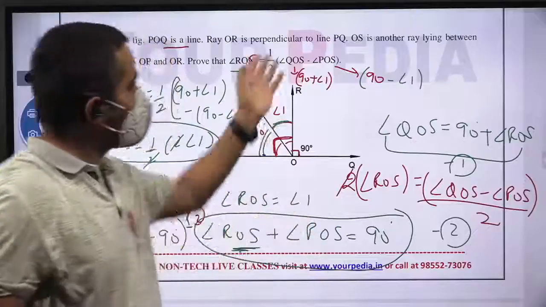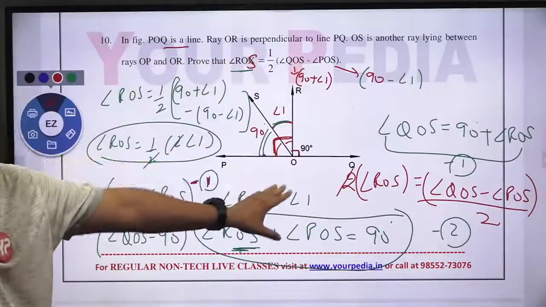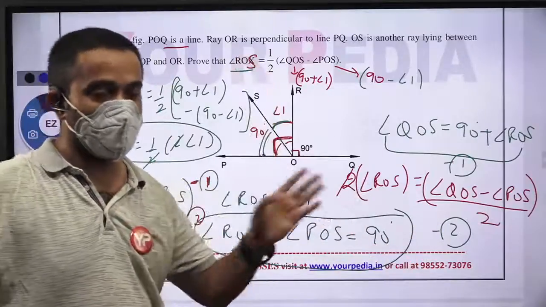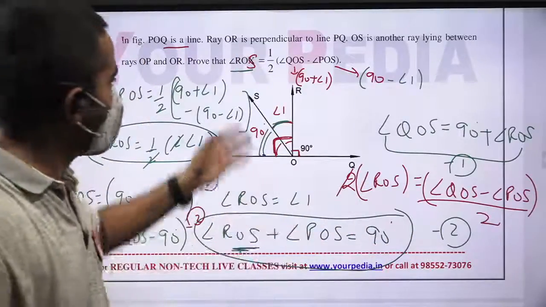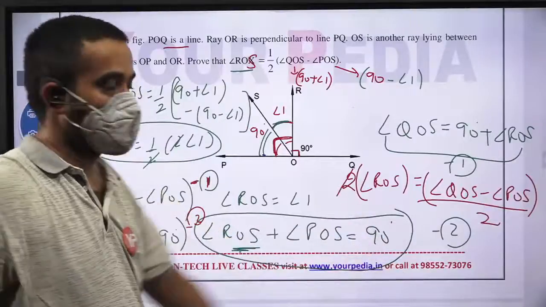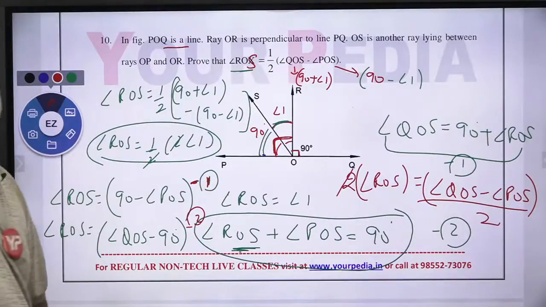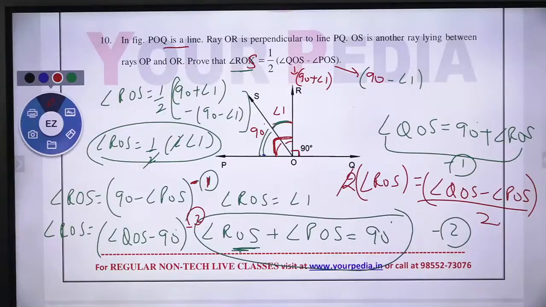But if you need to do these types of questions, the approach can be like this. So rather than writing angle 1, angle 2, angle 3 for this question, you can solve it like this. So I think you must be clear with this question.